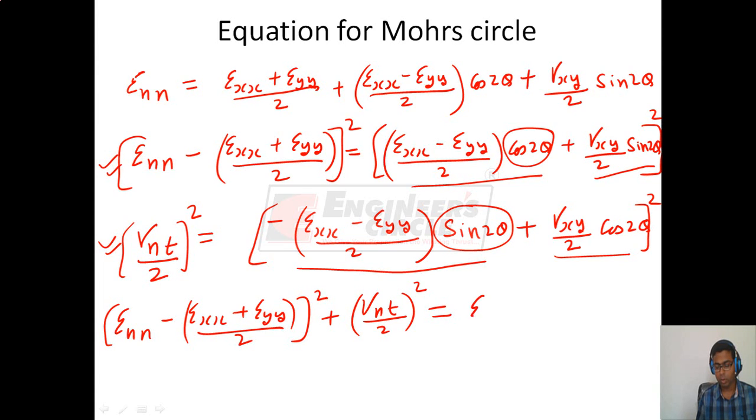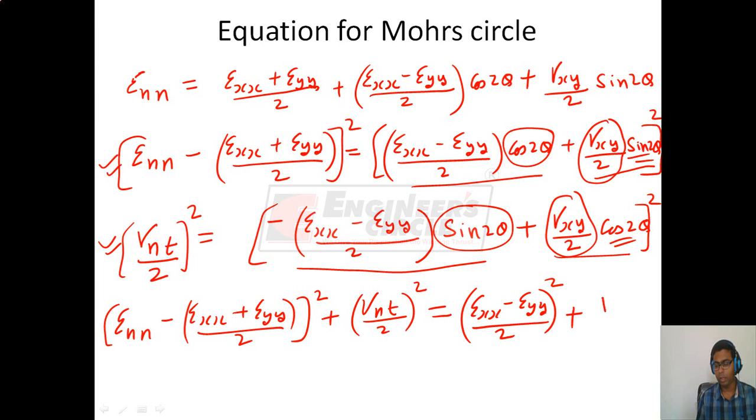So we will get (epsilon xx minus epsilon yy)/2 whole square plus, in the second term gamma xy/2 will come common, and cos square theta plus sin square theta will again become 1. So we get (gamma xy/2) whole square. From equation number 1 plus 2ab and from equation 2 minus 2ab will cancel each other.